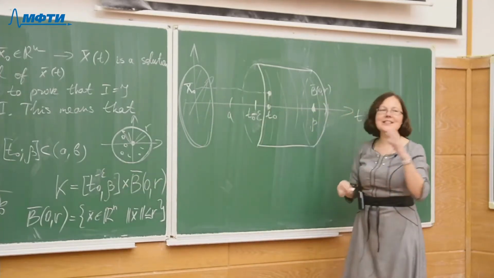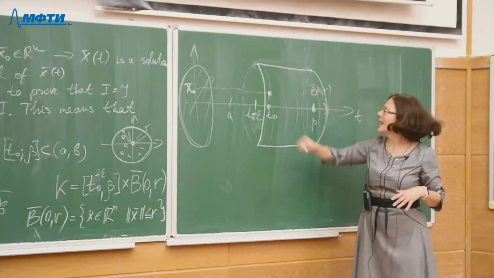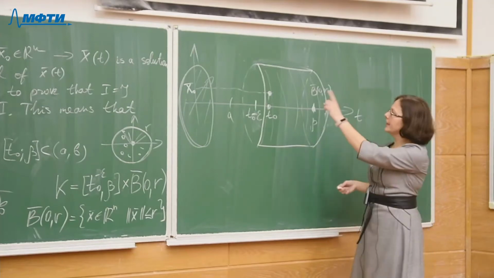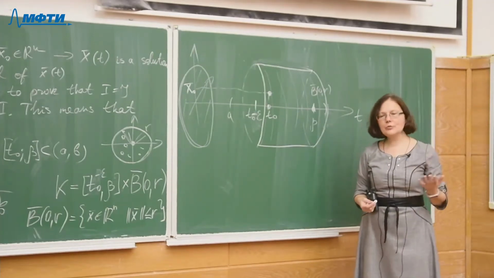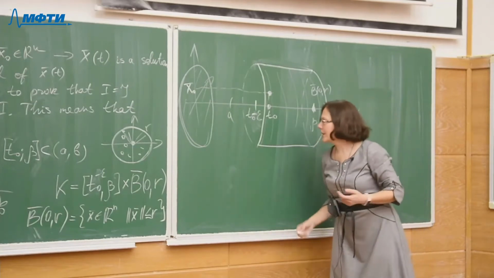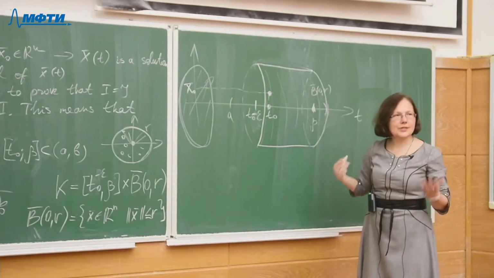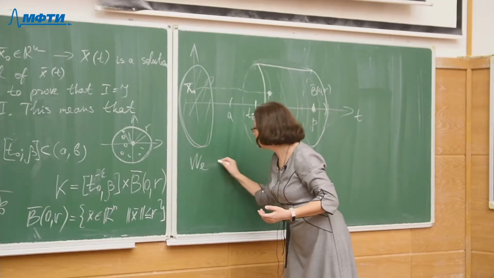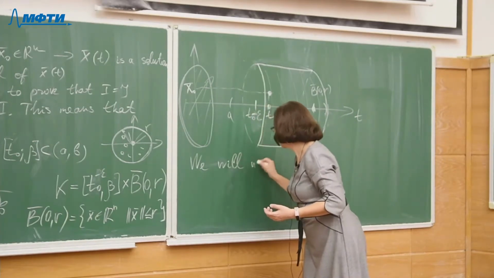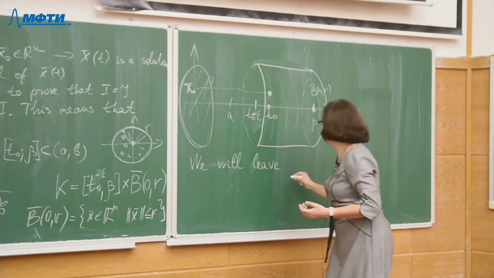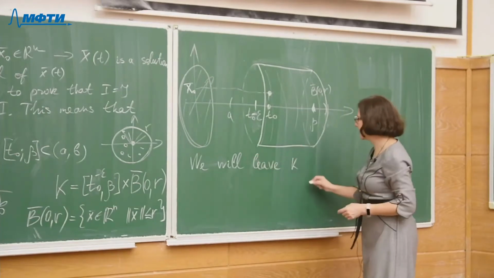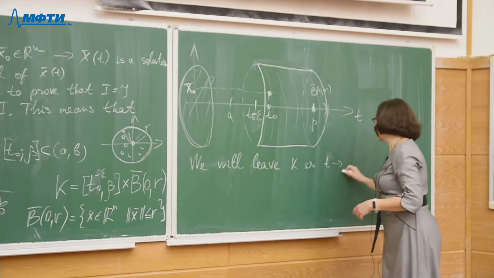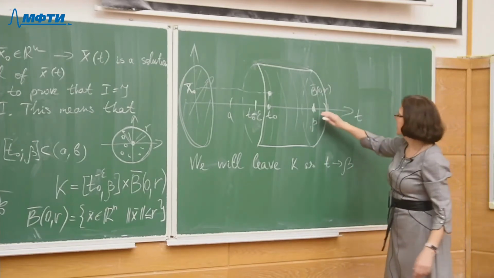So we start from some point inside the cylinder, and our theorem guarantees that we will go out of this compact set, the cylinder K, as t approaches beta.